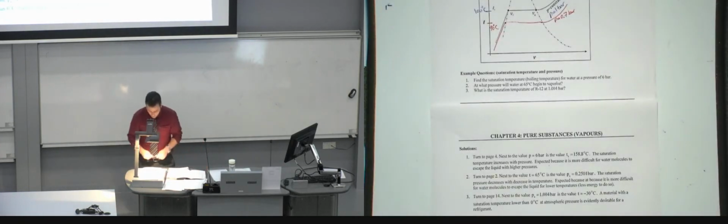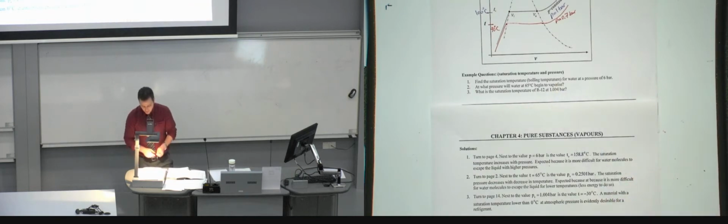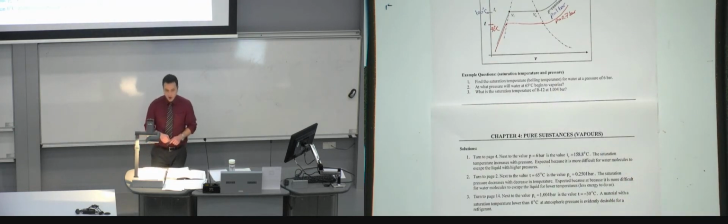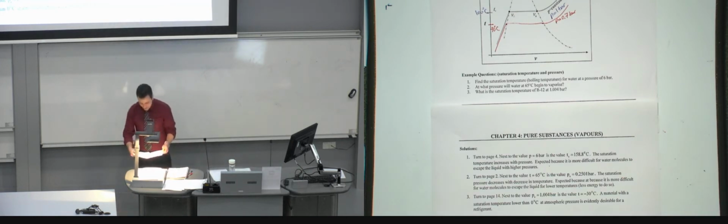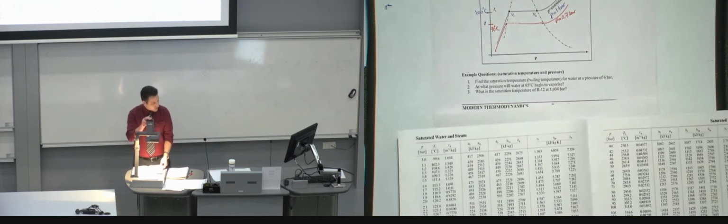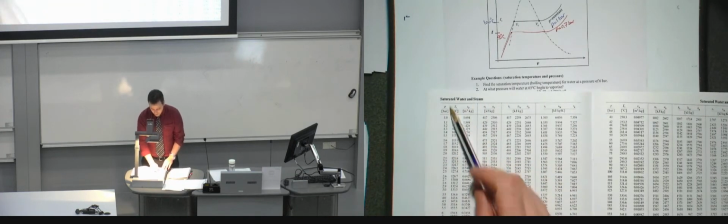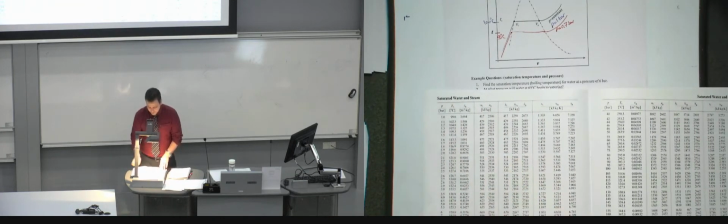The third example is, what is the saturation temperature of R12 at a pressure of 1.004 bar? So this is not water anymore. This is not H2O. So we're not dealing with pages 2, 3, 4, etc. If you look at the actual title on the booklet, it says saturated water and steam.